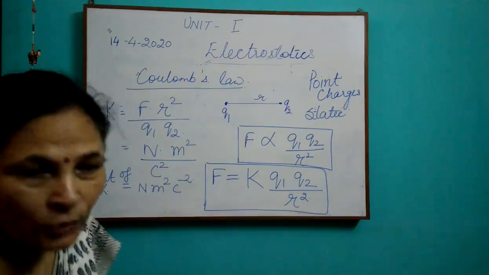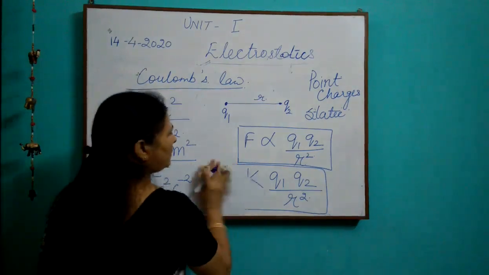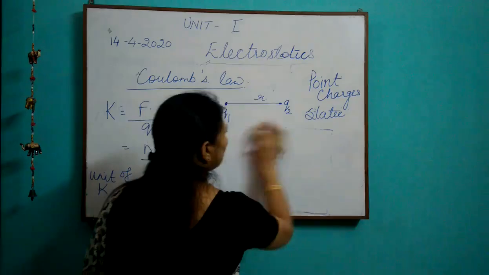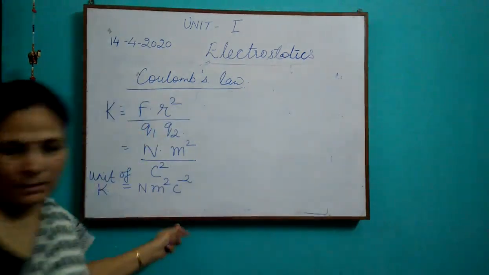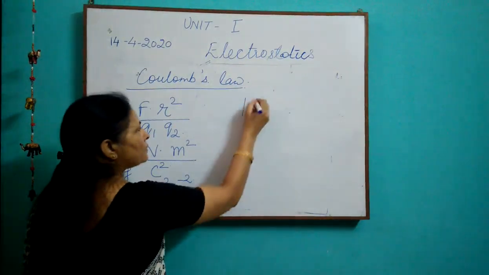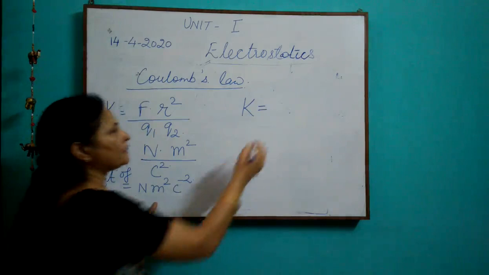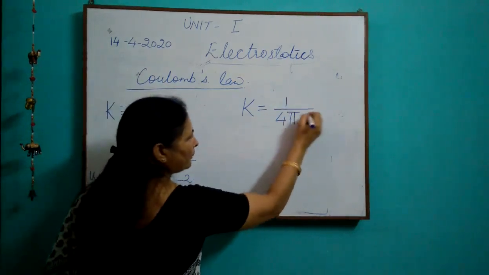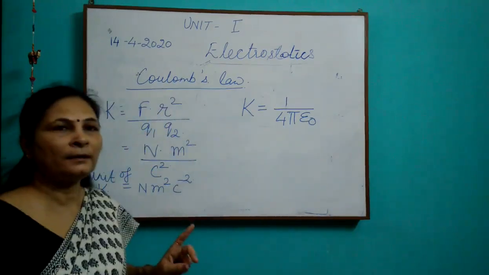Now what is the value of K? The value of K will depend upon the units in which Q1, Q2 and R are taken, and it is found that this constant K can be written in terms of one more constant, which you will hear for the first time: 1 by 4 pi epsilon naught.